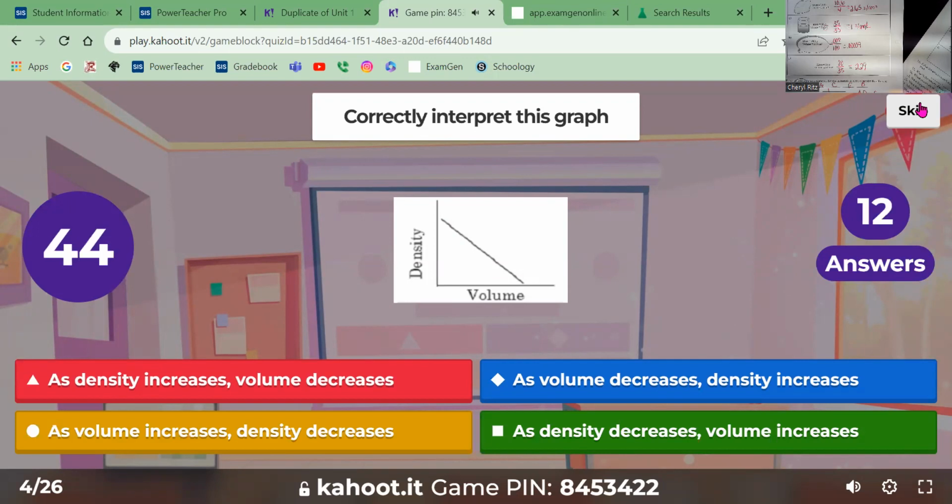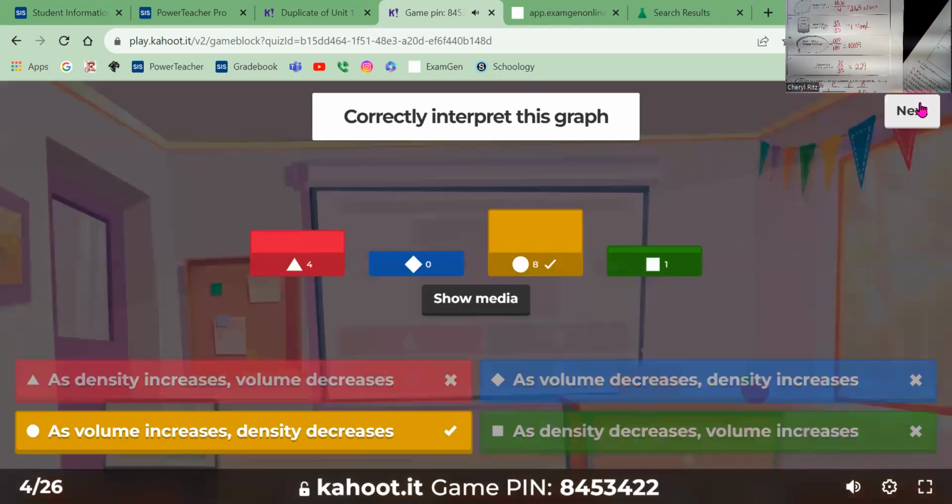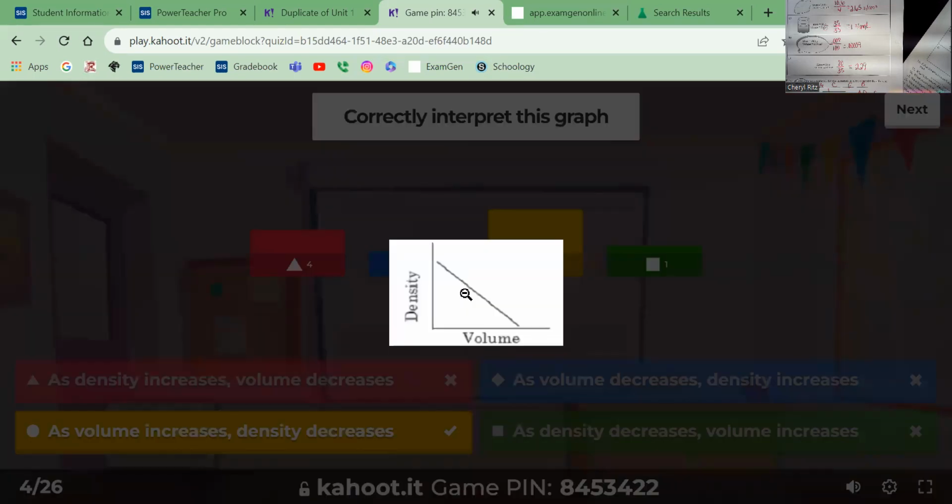I hope so. Yeah, I know it. Yeah, it is. Ew, that one's a little ugly. So this graph has volume on the X, remember we always say the X axis is always increasing. So as volume increases, then you read the Y, density, then you tell me what the line is doing. That's going down. So as volume increases, density decreases.